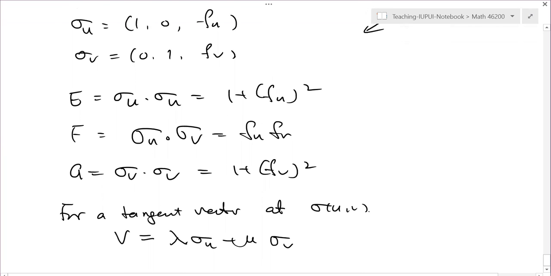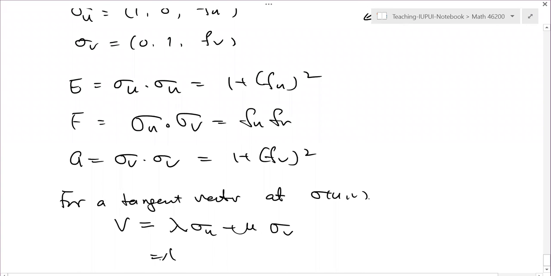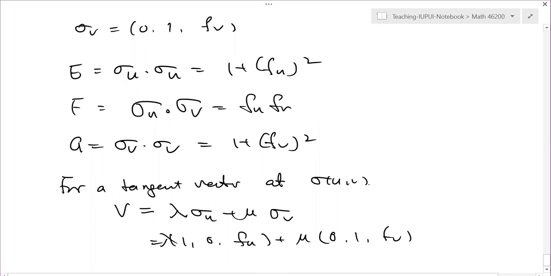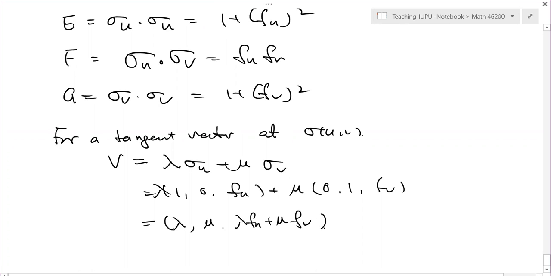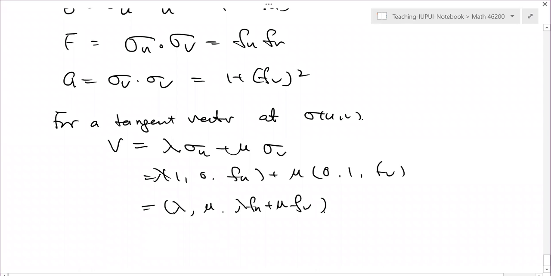Since you already did the computation, it's going to be lambda times (1, 0, f_u) plus mu times (0, 1, f_v). So this can be written as (lambda, mu, lambda f_u plus mu f_v). Okay, not too bad. So this is a tangent vector in general, the general form for the graph.